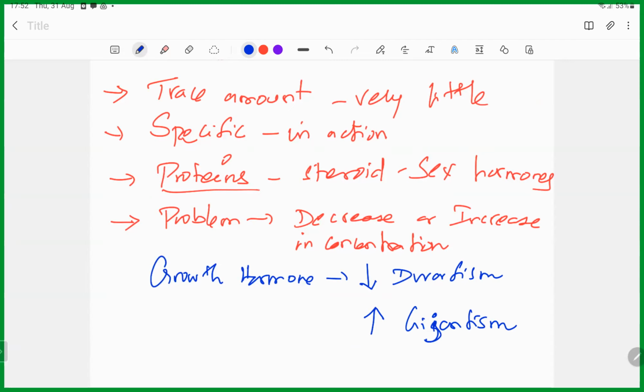Also something called acromegaly: abnormal formation of the face or body organs, abnormality in the body. Is it clear? So, increase or decrease can cause effects. So these are the general characteristics of hormones.